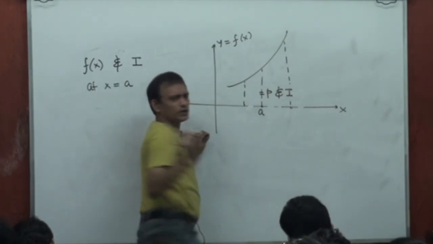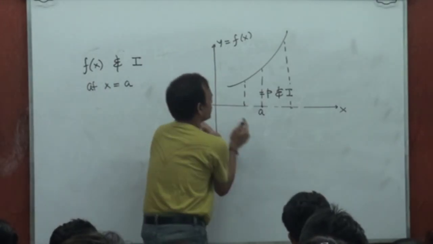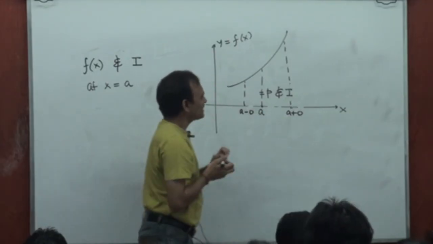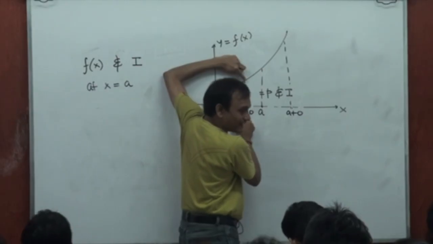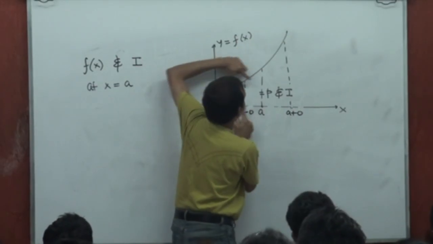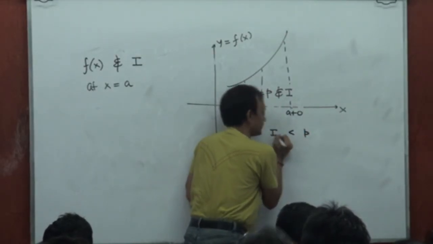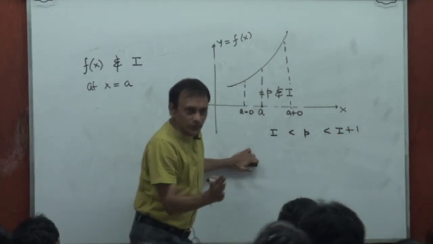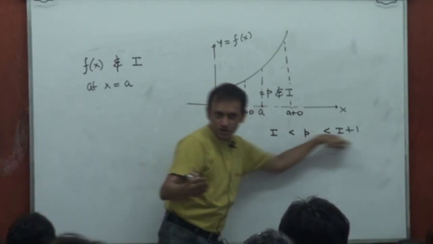Which means now, if you look at the neighborhood around x equal to a, slightly greater than a and slightly less than a, this will be slightly greater than p, and this will be slightly less than p, right? In fact, p in general, if it's not an integer, will lie between two integers I and I plus 1.